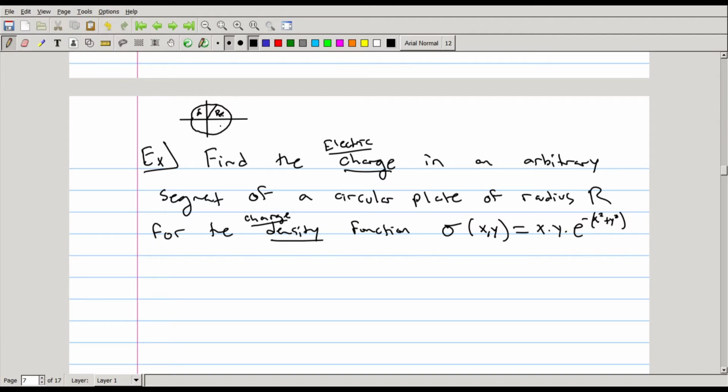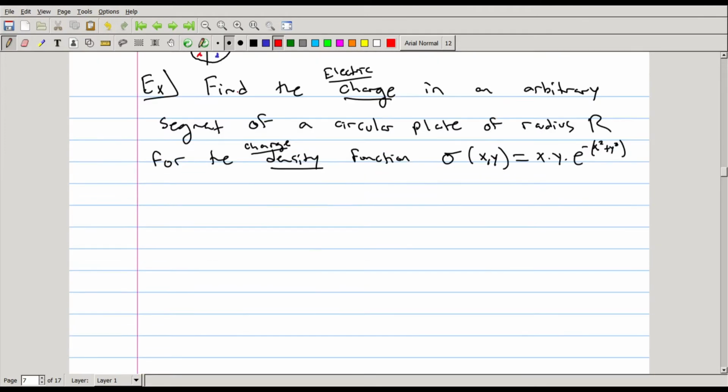And the charge density is going to be distributed throughout this, where we have a maximum in the first quadrant and the third quadrant, a minimum in the second quadrant and the fourth quadrant. And this is what our plate is going to look like if we do a density plot of this function. I will visualize this a little bit later on once we find the exact analytical solution.